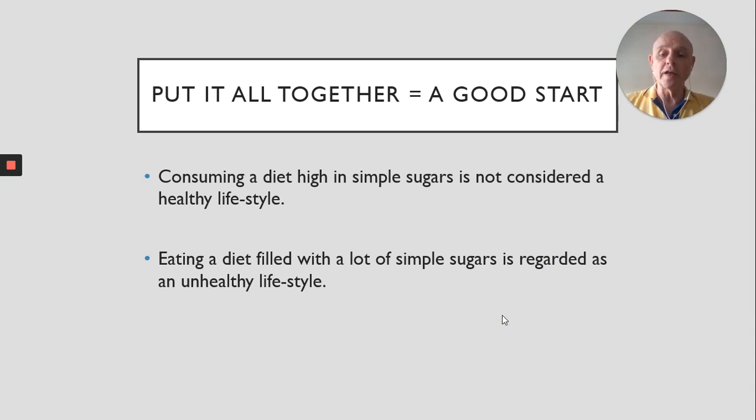When I put this all together using synonym and antonym: Eating a diet filled with a lot of simple sugars is regarded as an unhealthy lifestyle. That's a really good start on a paraphrase.